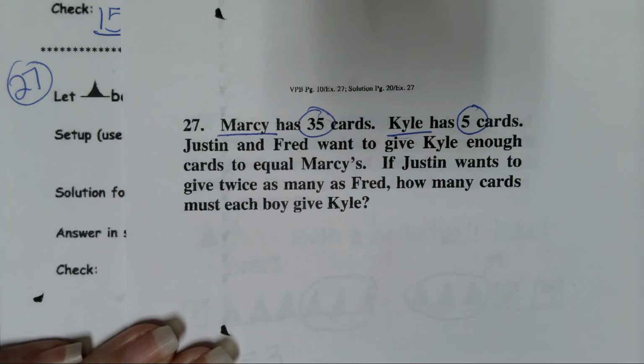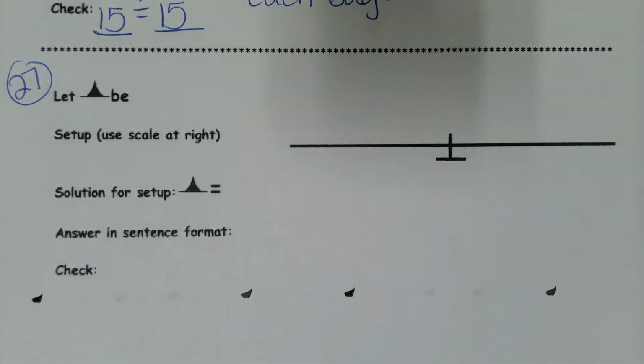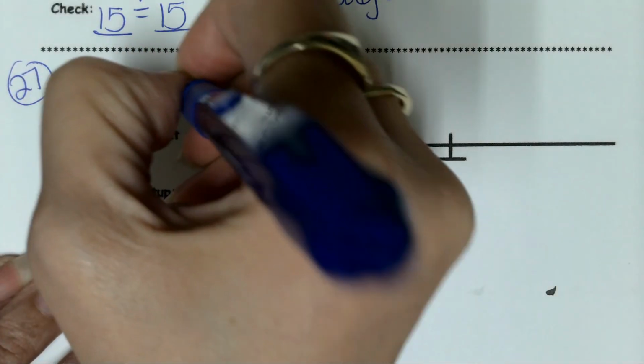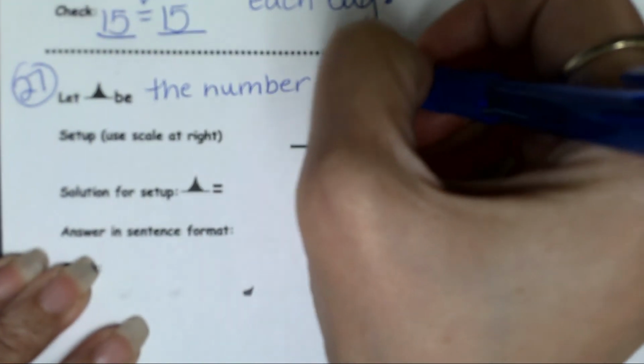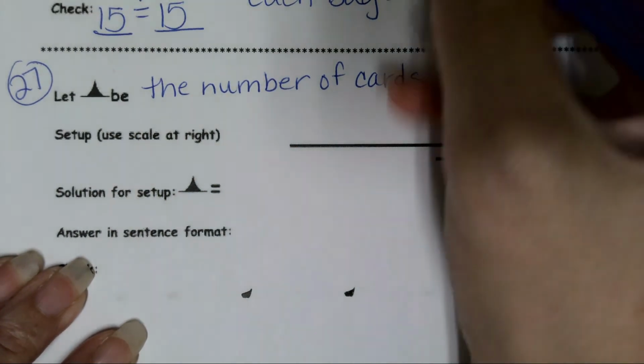So we're going to let the number of cards that Fred needs to give Kyle be pawn. So this is the number of cards that Fred needs to give to Kyle.